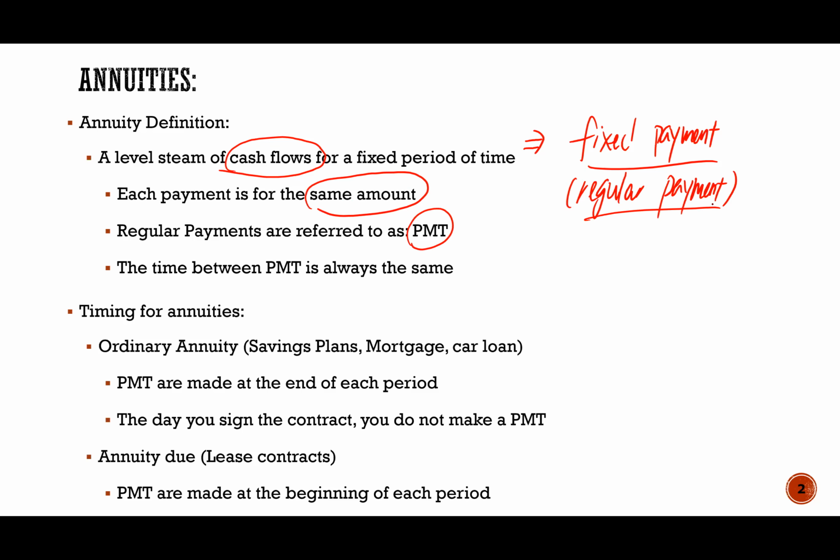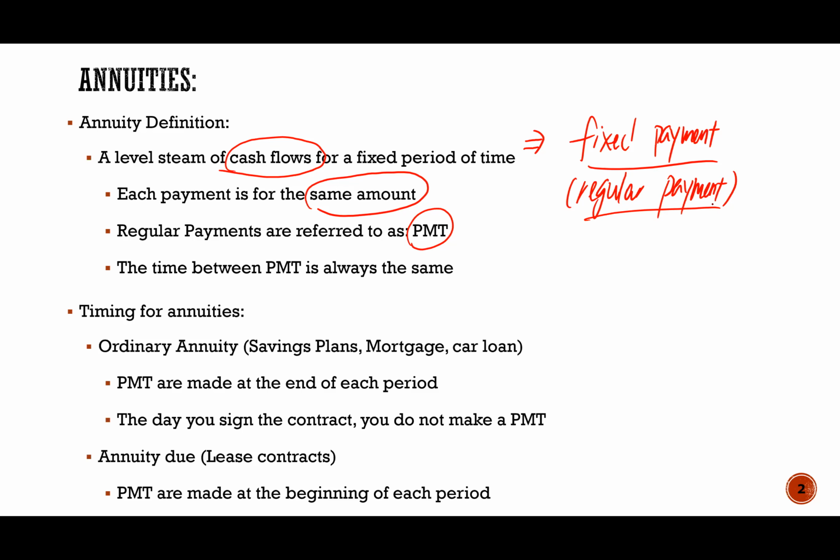Or if your parents have a car loan, let's say you borrow $40,000 and get a car, and typically you pay back to the bank on a monthly basis, let's say $800 per month, for maybe 5 years. And that's what they call an annuity, right? The car loan and mortgage are all annuities.